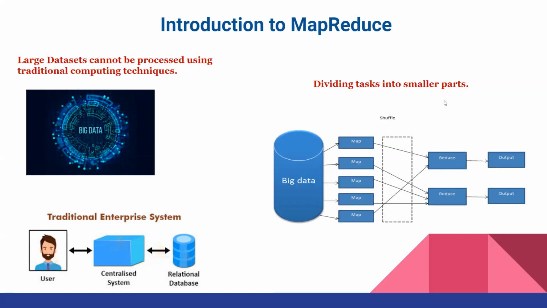So in order to overcome this issue, Google used an algorithm called MapReduce. In MapReduce, a task is divided into small parts and each part is assigned to a different computer. Later, the results are all collected at one place and integrated to form the resulting data set. So we can go to the next slide, please.